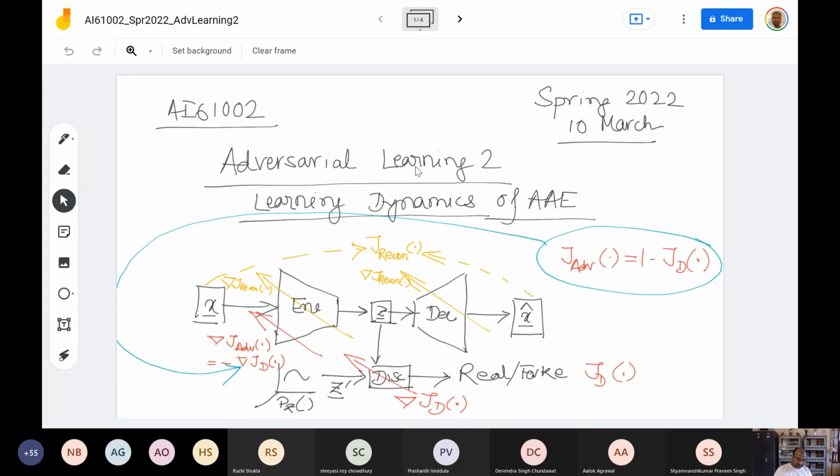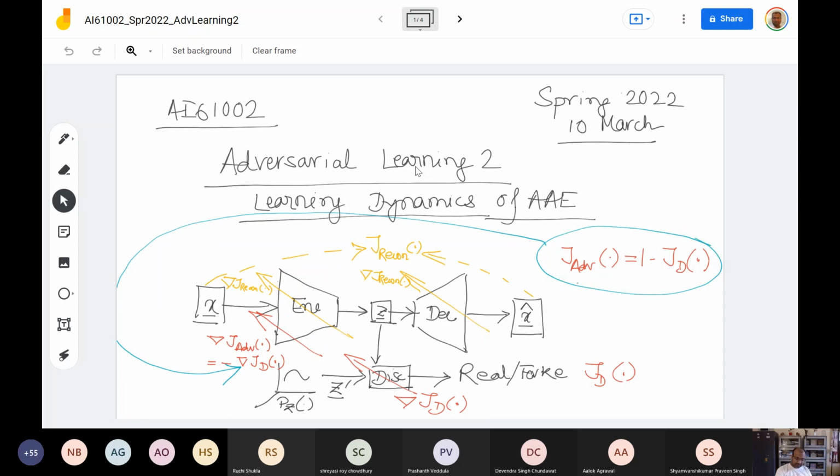When this one is very similar to this one, then your discriminator loss is going to be 0. So I will have to send a message back to this encoder: you are generating this one very close to this one, so the discriminator is making all mistakes. Then you can stop. You don't need to update. So that's the rationale for getting this kind of loss defined.